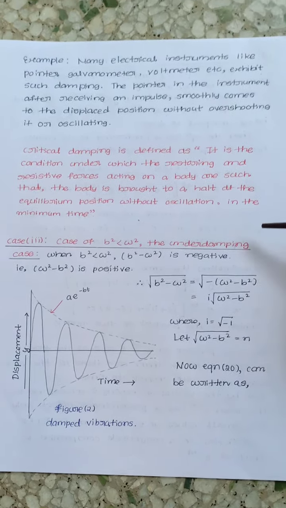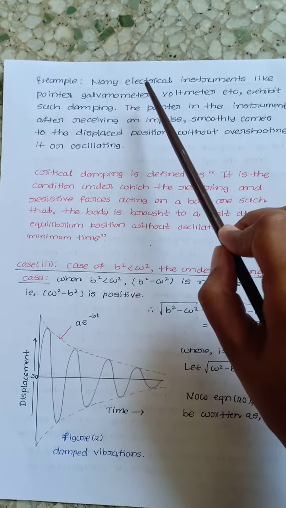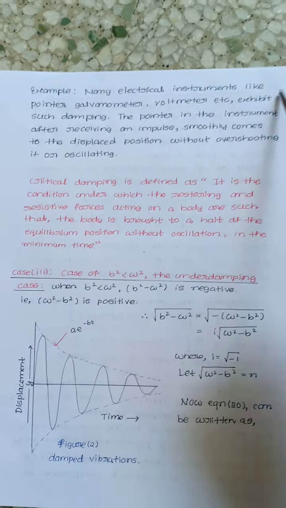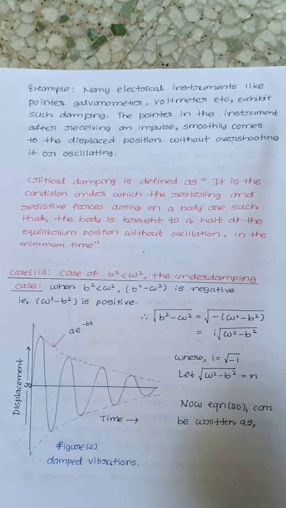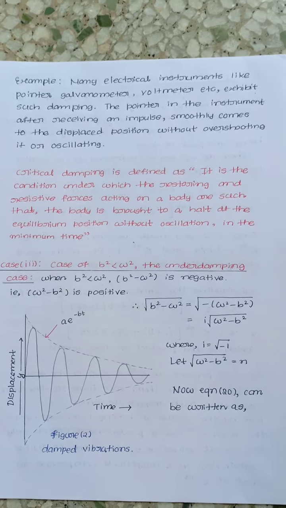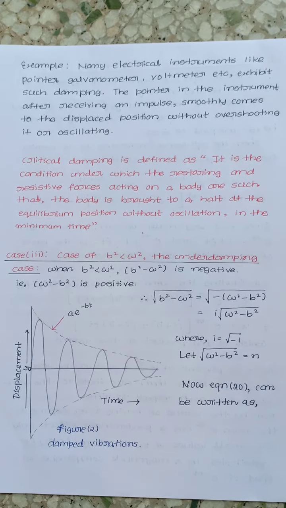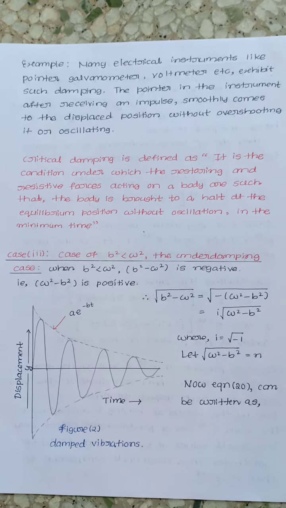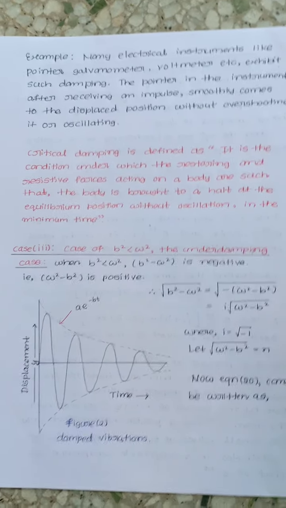For example, many electrical instruments like the pointer galvanometer, voltmeter, etc. exhibit this kind of damping. The pointer in the instrument, after receiving an impulse, smoothly comes to the displaced position without overshooting it or oscillating. So that is the second case.